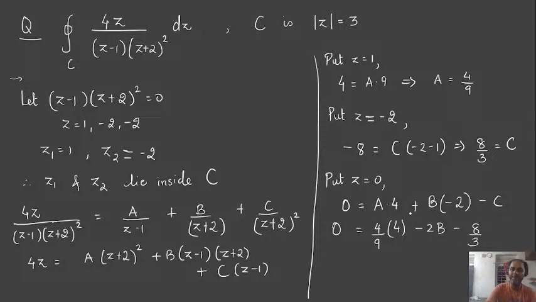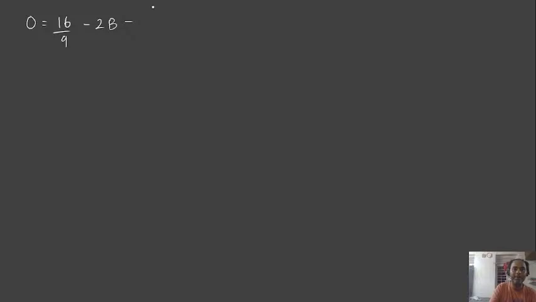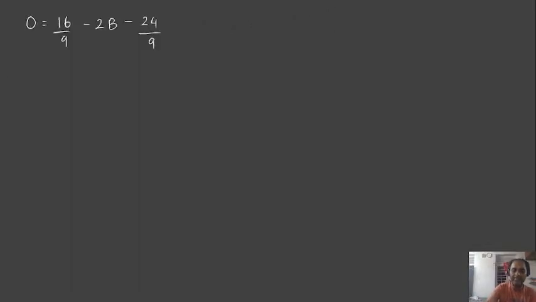Simplifying this, you get 0 equals 16 by 9 minus 2b, and that c is 8 by 3, so I can write this as 24 by 9. 8 threes are 24 and the denominator is 9.